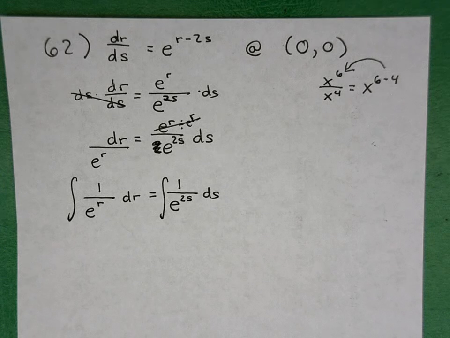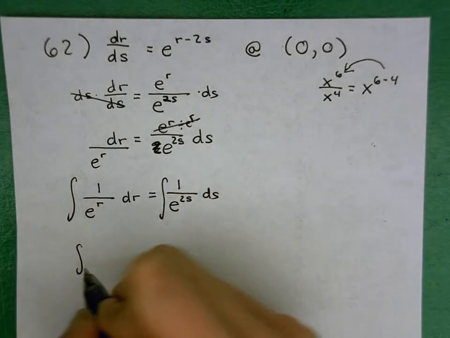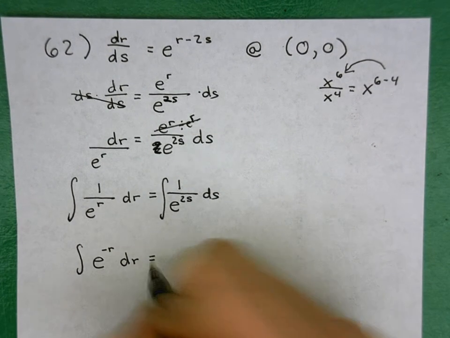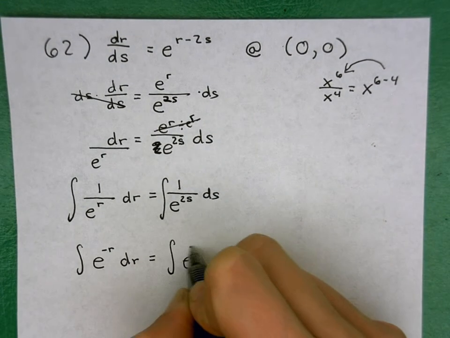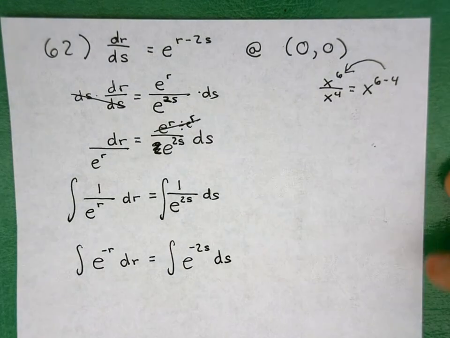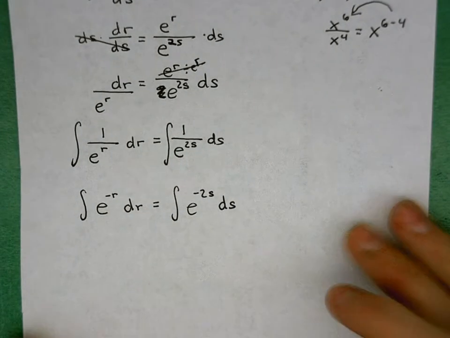Well, looking at my blue integral rules sheet, this looks like number 3, e to the u, although that e to the u is up in the numerator, and so that's going to be my first step here. So I'm going to go ahead and rewrite this as e to the negative r dr and e to the negative 2s ds. And so now I'm going to be able to apply that third rule.